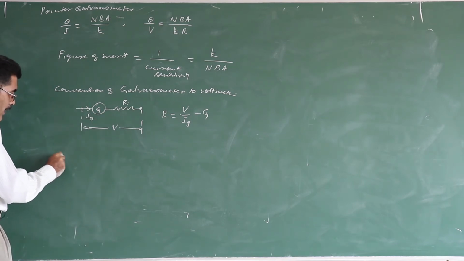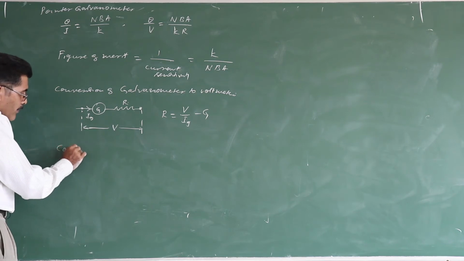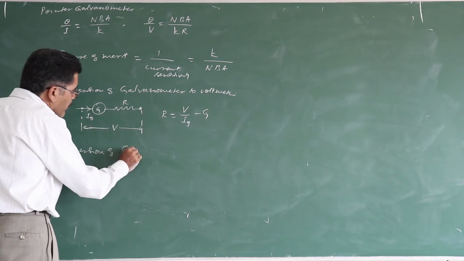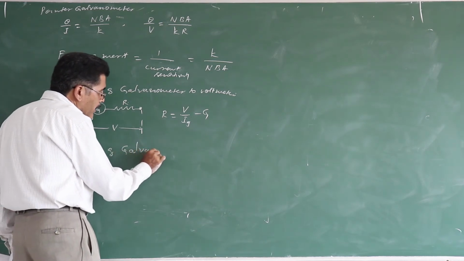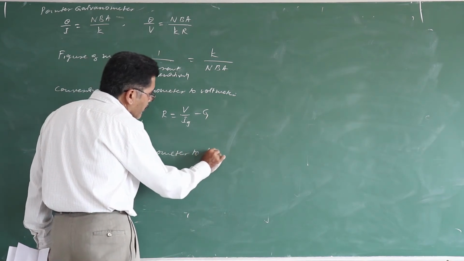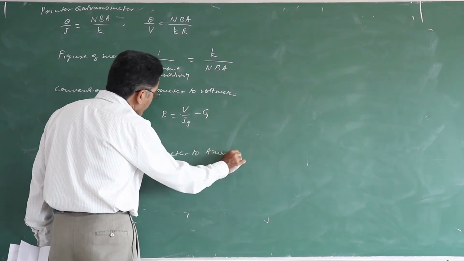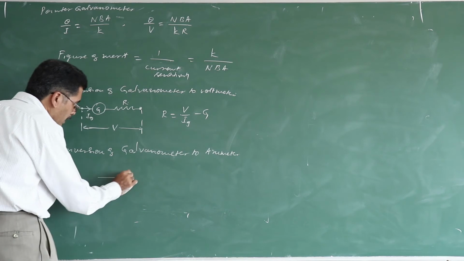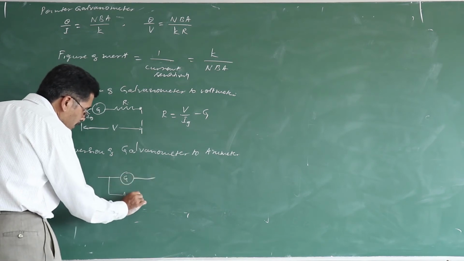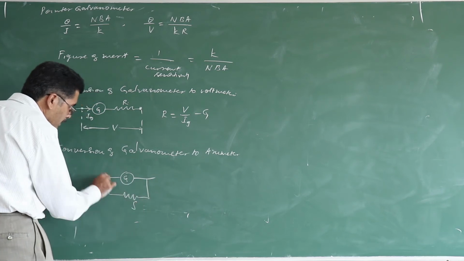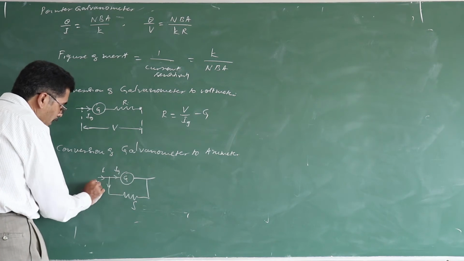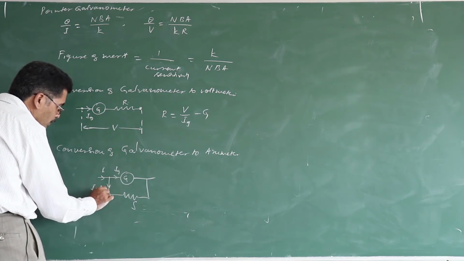Now, conversion of galvanometer to ammeter. You must connect a very low resistance in parallel, and we call that resistance shunt resistance, S. If I is the main current, Ig is the current through the galvanometer, I minus Ig is the current through the shunt.